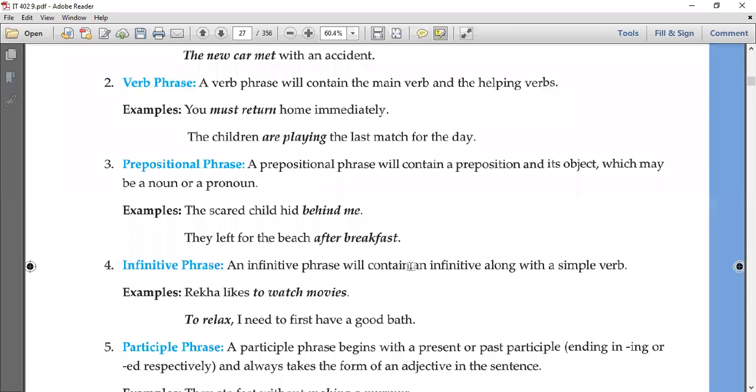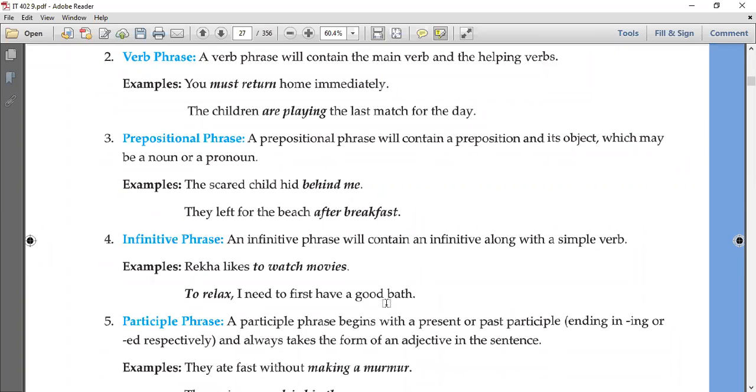Infinitive phrases, which contain an infinitive along with a simple verb, right? Infinitives का ज़्यादातर जितने भी हैं infinitives, they always start with to, like to watch movie, to relax, right? So it starts with to, and it has a simple verb or a noun also, right? To watch, to relax, these are examples.